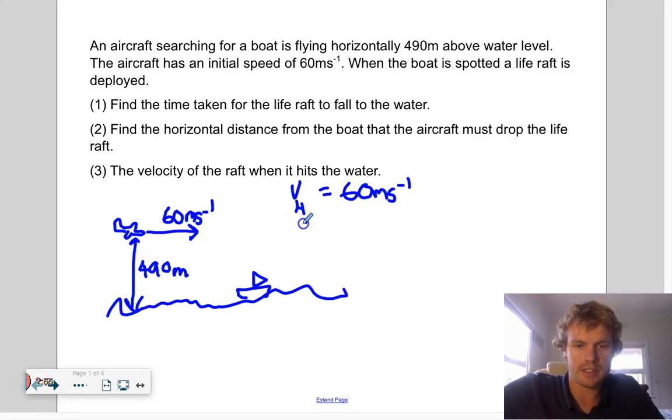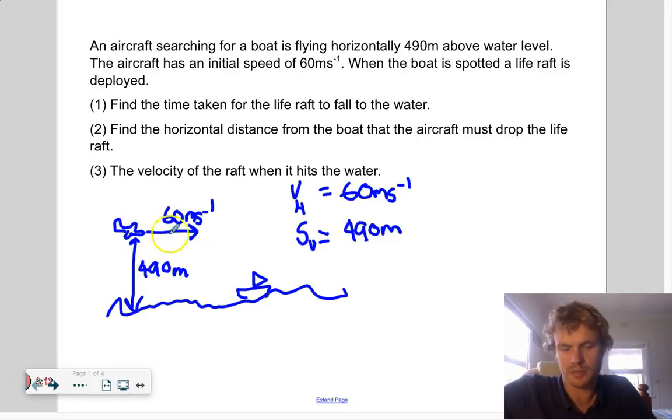So my distance in the vertical direction is going to be equal to 490 meters. And I know, because this plane is travelling horizontally, I have absolutely zero vertical velocity.